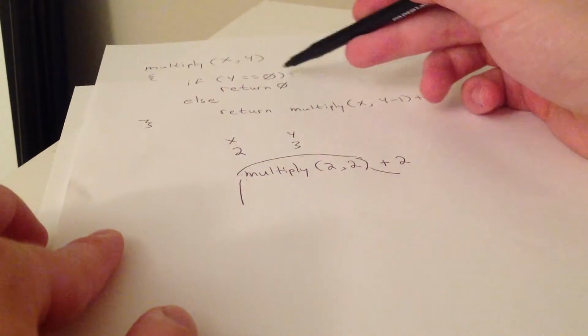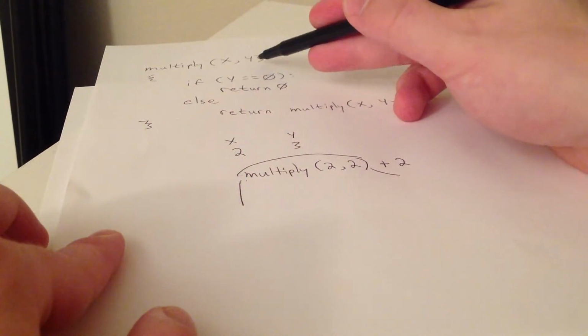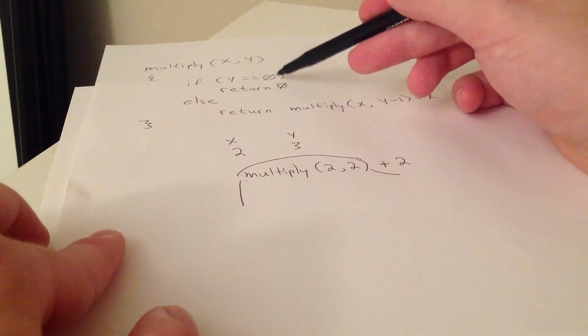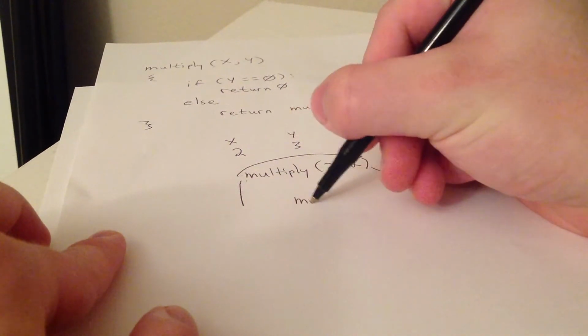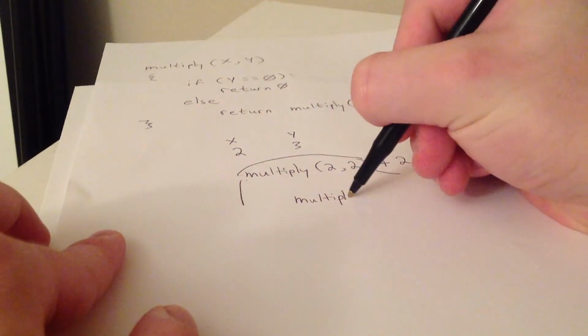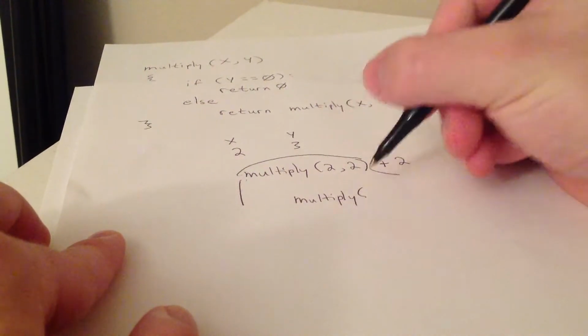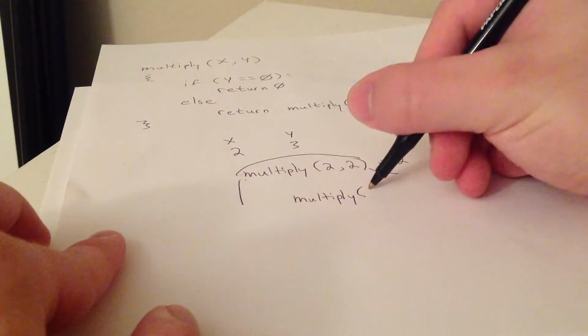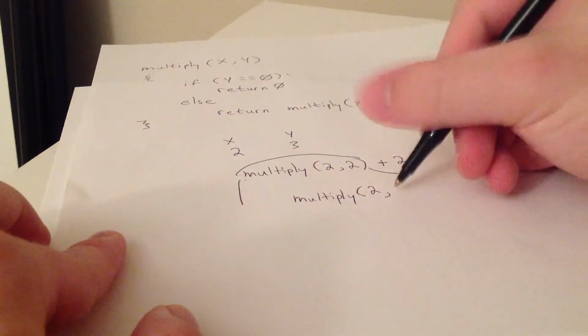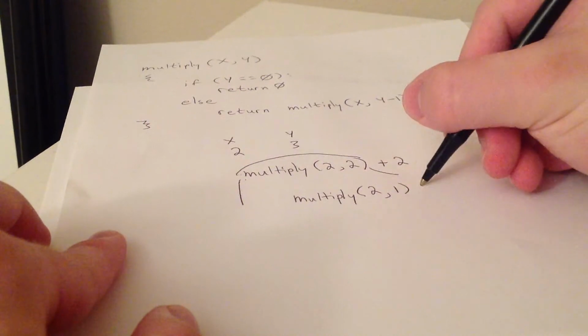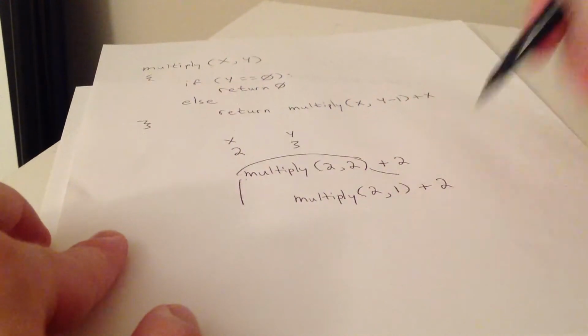Well, we're back up here with the values 2 and 2 for x and y. Y isn't 0, so we're going to return a multiply, this time of our x is 2, y is 2, so 2 minus 1 is 1, plus 2. Okay.